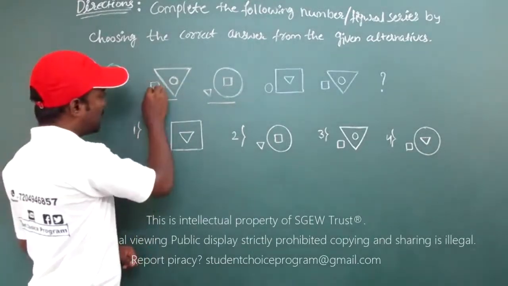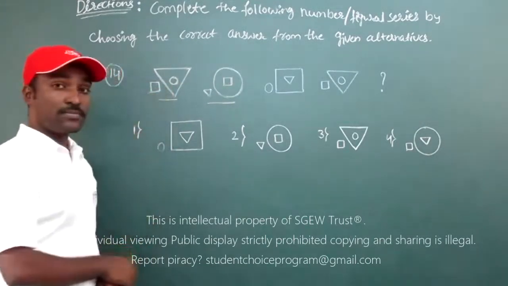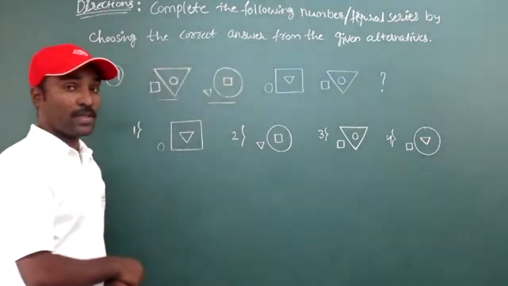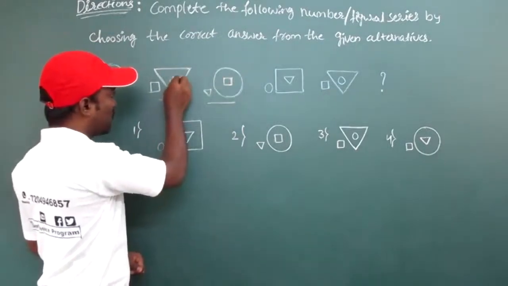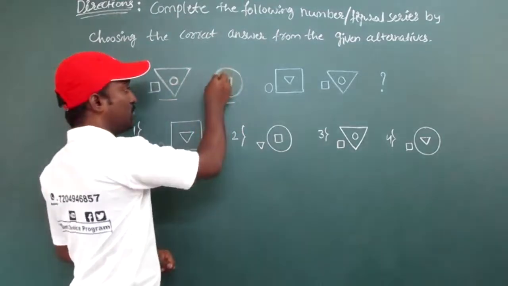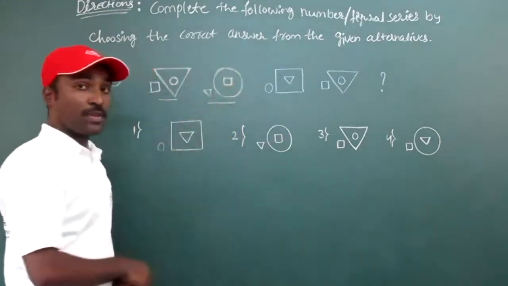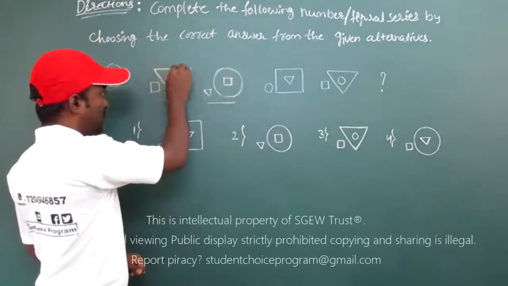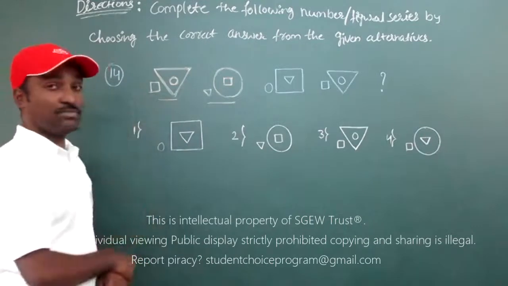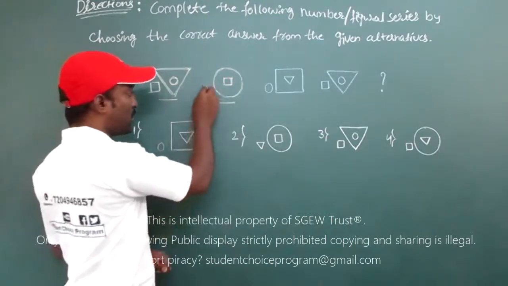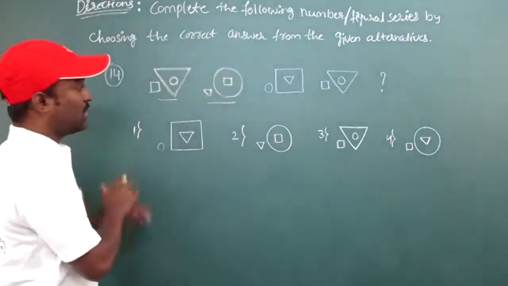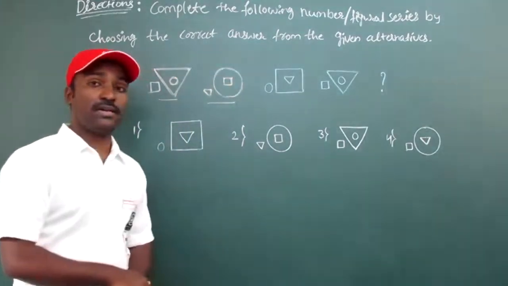The outside small square is becoming inside small square, and this inside small circle or the inner circle is becoming outer circle, which is big, and this triangle which is outer shape or outer triangle which is present in the first figure is becoming a small triangle which is present beside the circle. So this is the observation. These are the observations that I made.